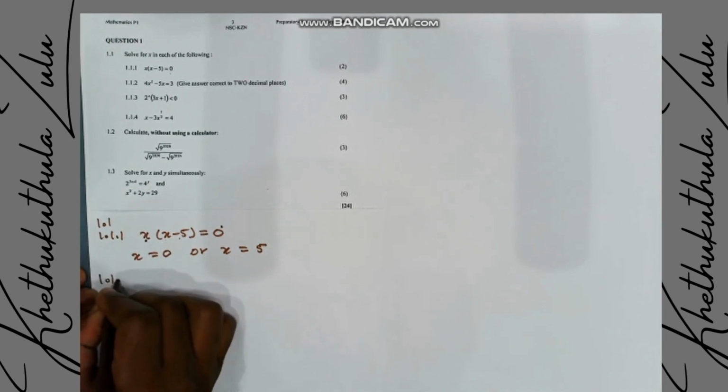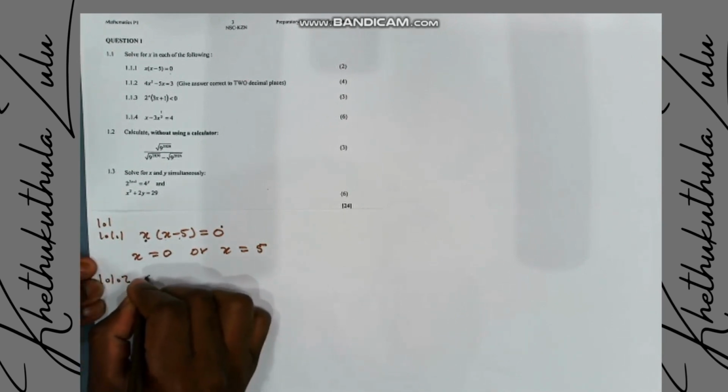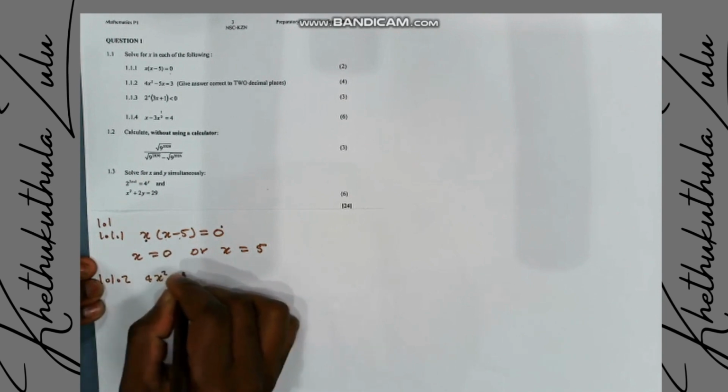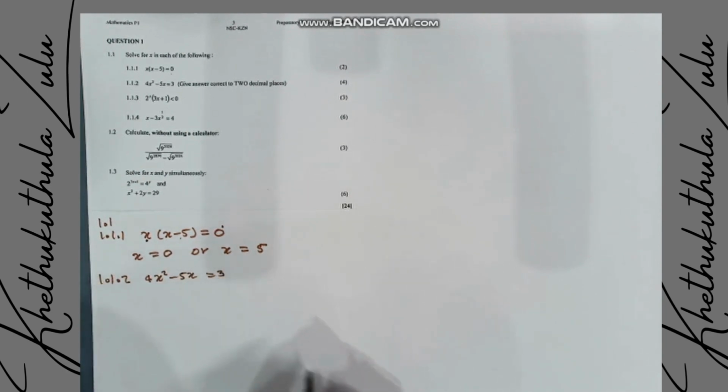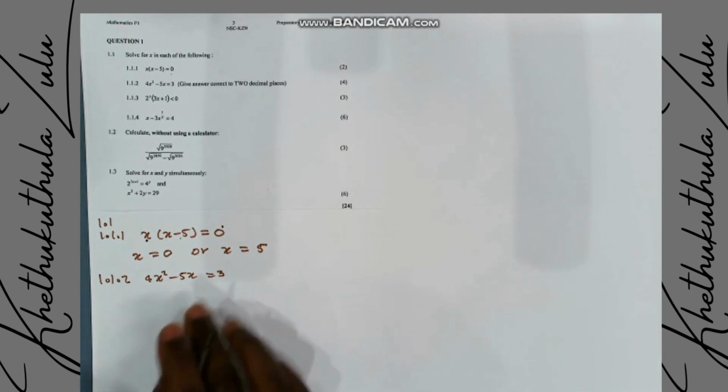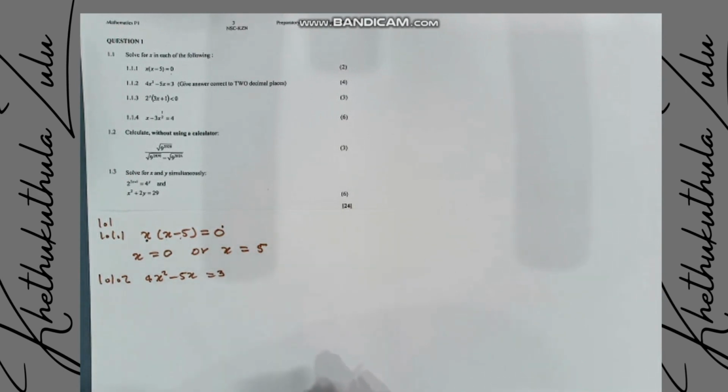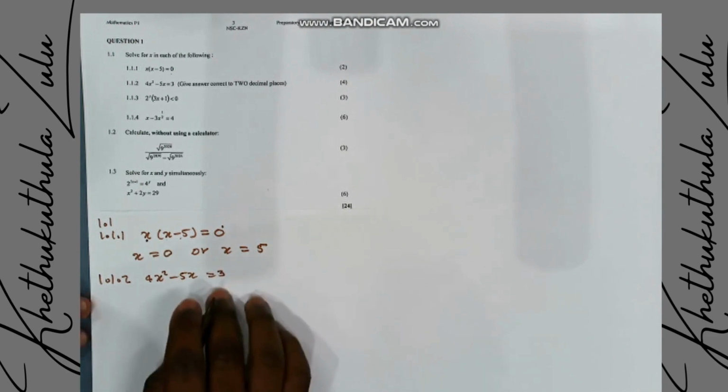And 1.2 is saying 4x² - 5x = 3, and it's also saying give the answer correct to 2 decimal places. For this one, it shows that you can't factorize it. You have to use the quadratic formula to do this.